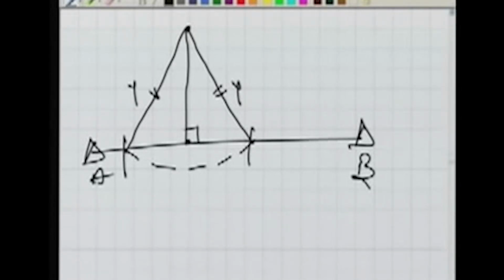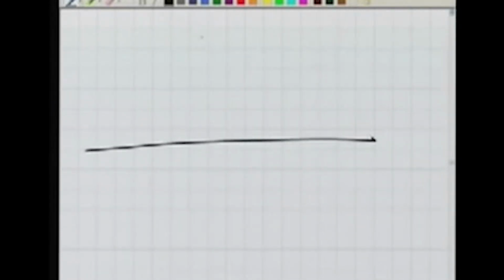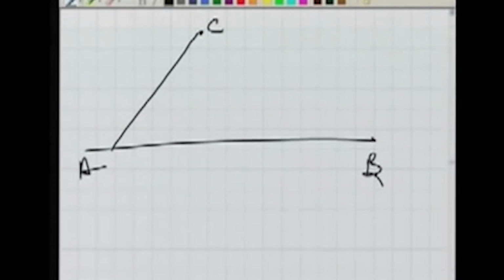Similarly, there could be one more method. The point which we want to plot is C, and A and B are the survey lines. In order to drop a perpendicular from C on this line, take any distance as is convenient to you. Find the middle point. So these two are equal.